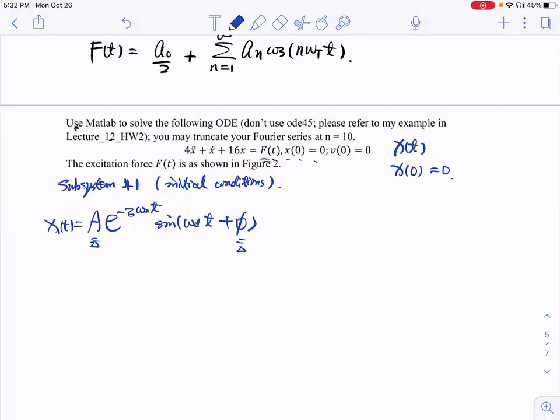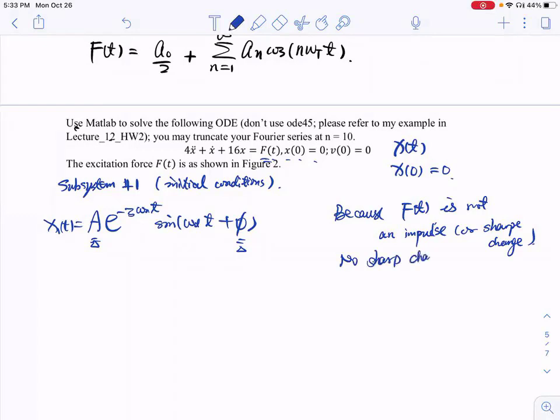Because this f(t) is not an impulse or sharp change, that means no sharp changes, I should say, at time equal to 0.